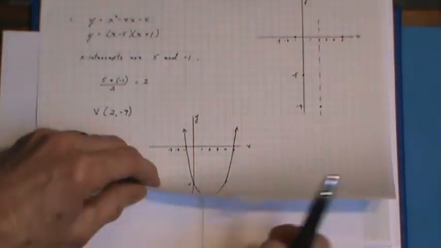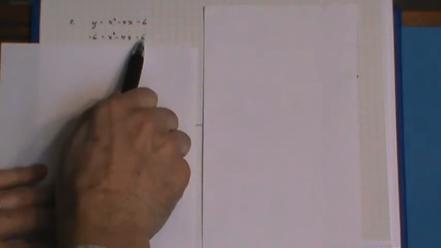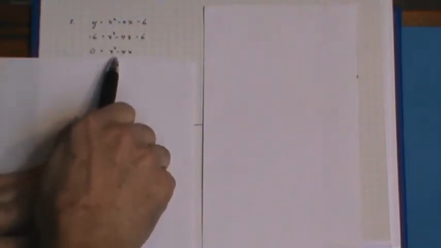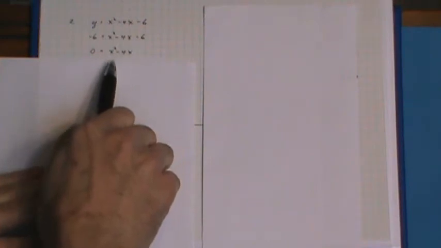Now, if you can't factor, there's a nice easy way of getting the line of symmetry. If I let y equal -6, the reason I'm putting in -6 is so that when I bring this -6 over, I get a 0. And this is easy to factor. I can factor out a common factor of x.